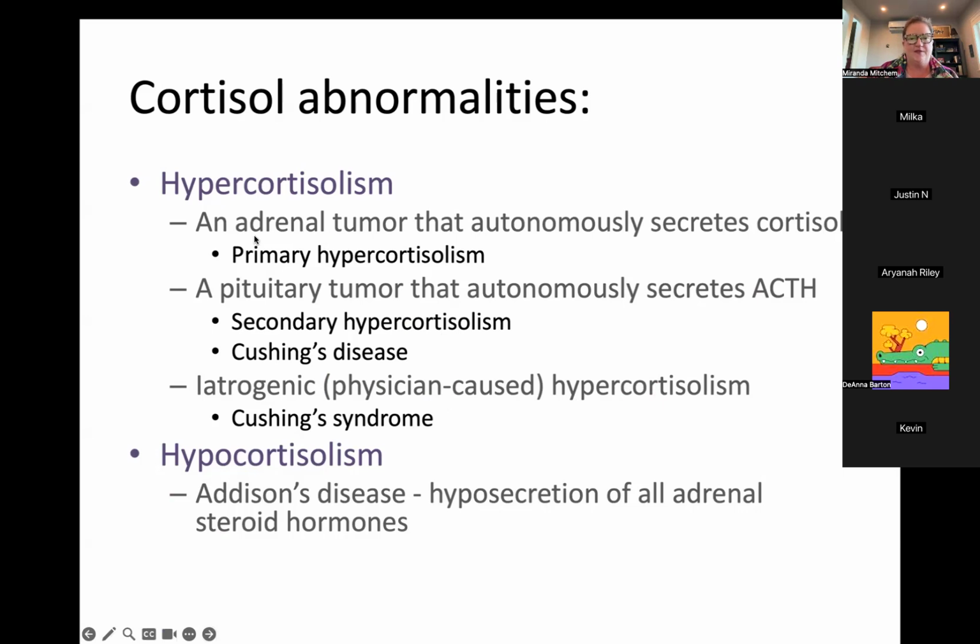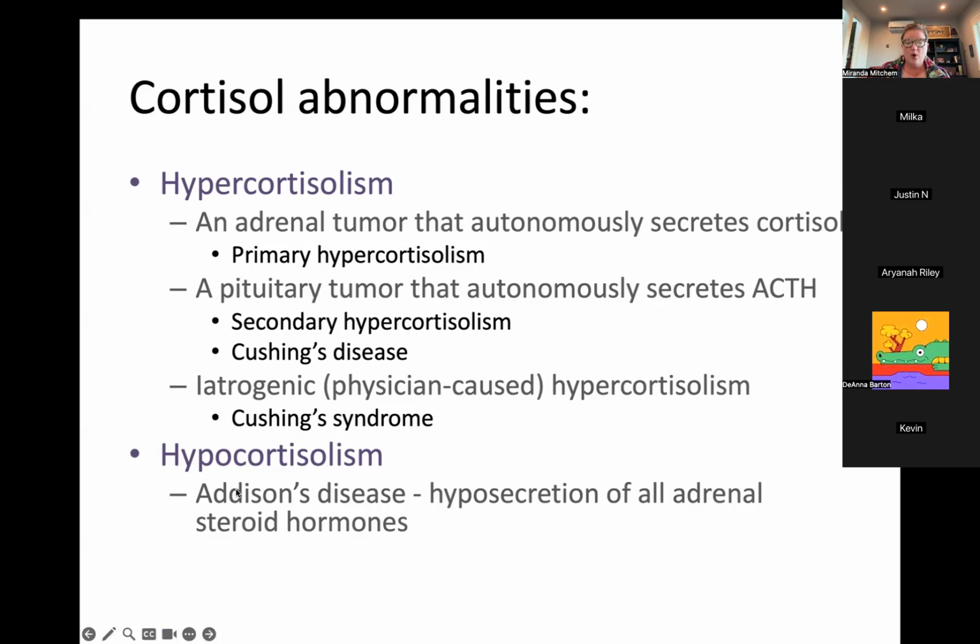Students will often list the adrenal and the pituitary tumors, but they'll forget to include prescribed steroids, and that is absolutely a cause of hypercortisolism. So if you were to have a question like that on your exam, you would want to include the physician cause, and you don't have to write the iatrogenic. You can just write prescribed steroids or something like that.